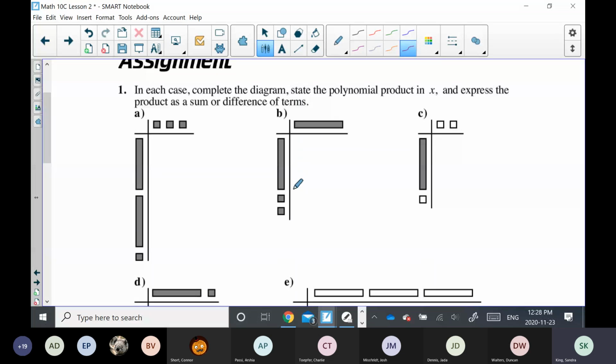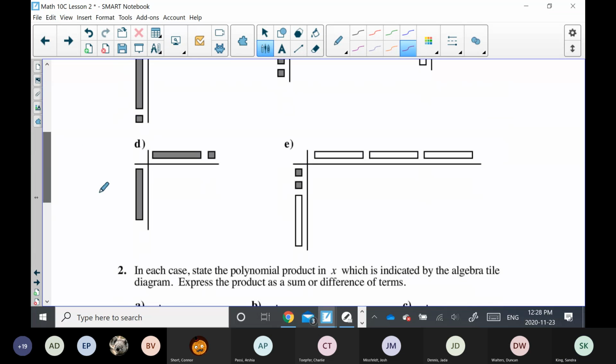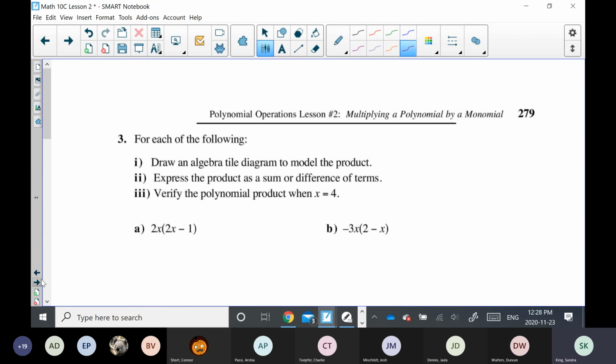Okay, for question number 1, could you please circle A, C, and E for number 1. Let's skip to number 4.